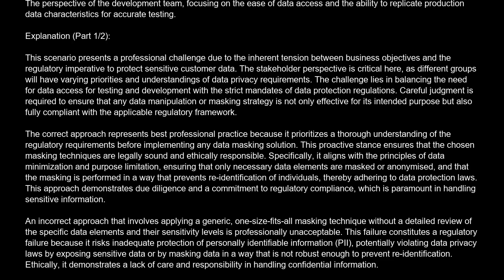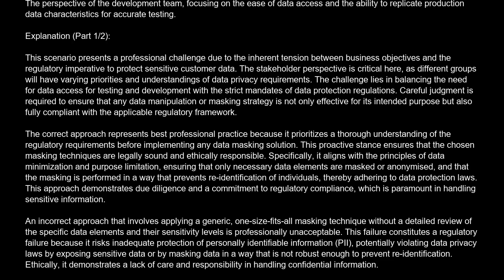The challenge lies in balancing the need for data access for testing and development with the strict mandates of data protection regulations. Careful judgment is required to ensure that any data manipulation or masking strategy is not only effective for its intended purpose, but also fully compliant with the applicable regulatory framework.